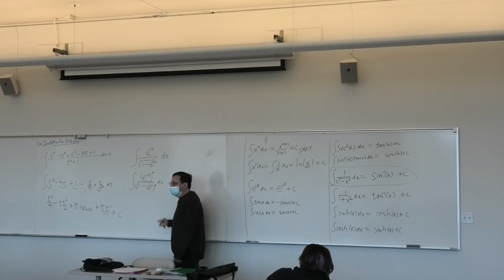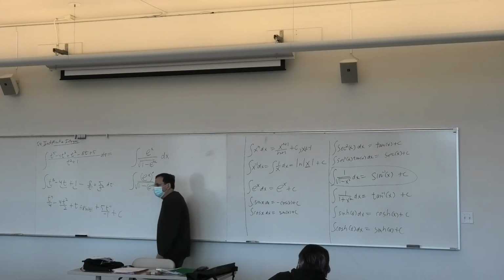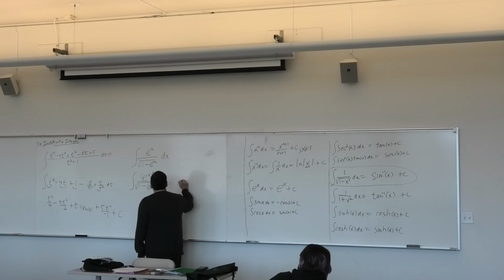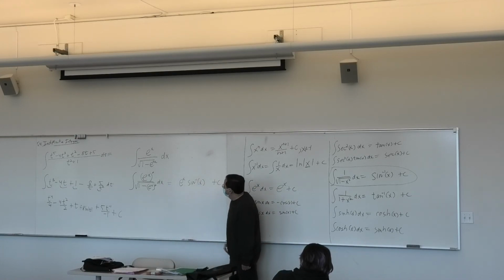So, you've already given it away, so I'll ask someone else. Anyone else? I'm guessing e to the x times inverse sine of e to the x plus c, the constant outside there.